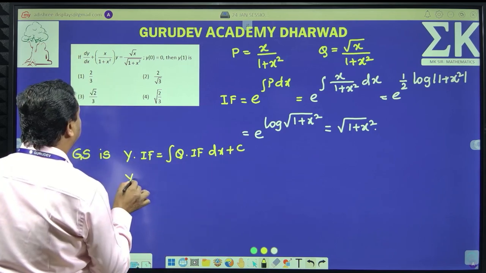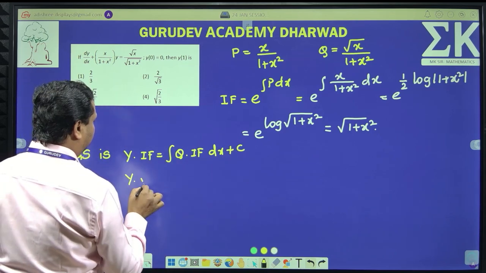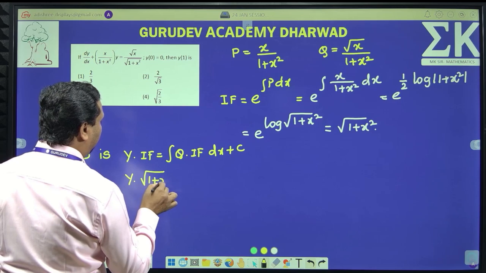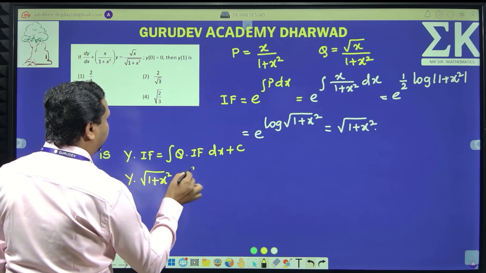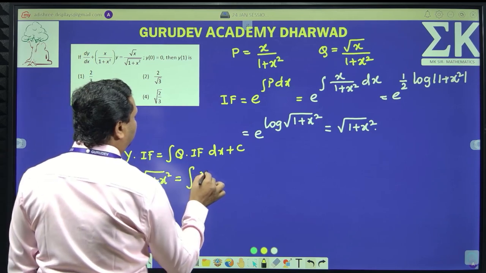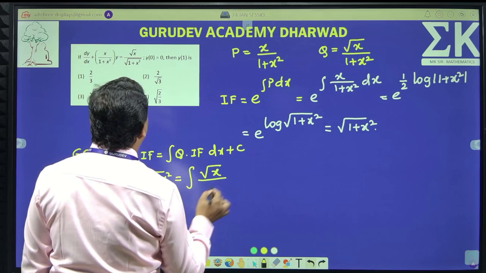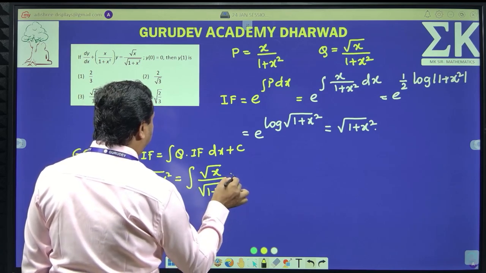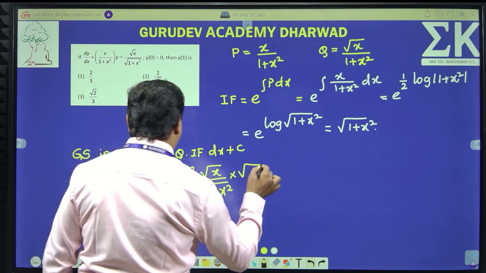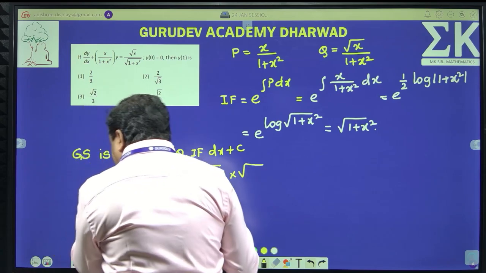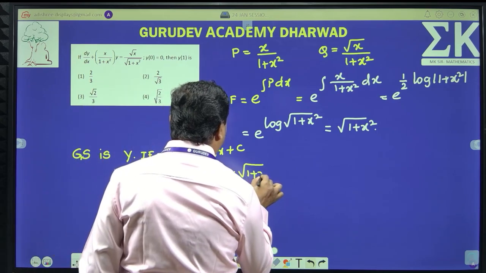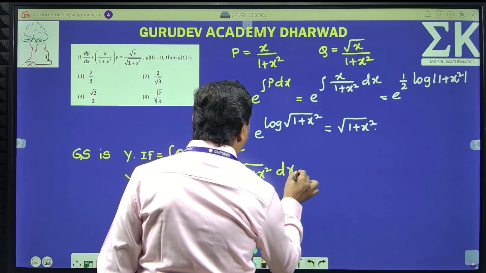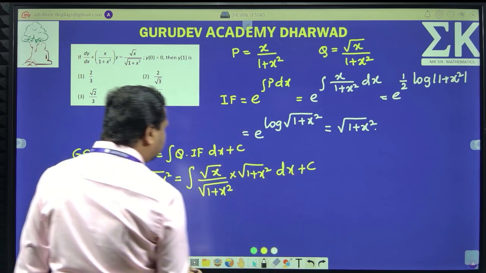So, y into square root of 1 plus x square equals the integration of root x divided by square root of 1 plus x square, into, what was the integrating factor? Square root of 1 plus x square, dx plus c, right.